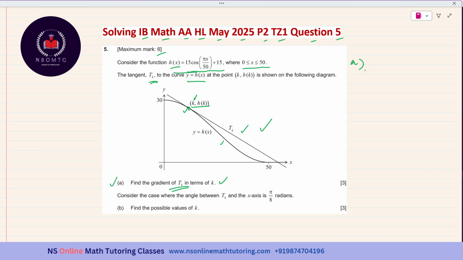So gradient of TK is equal to the gradient of h of x at the point k comma h of k.